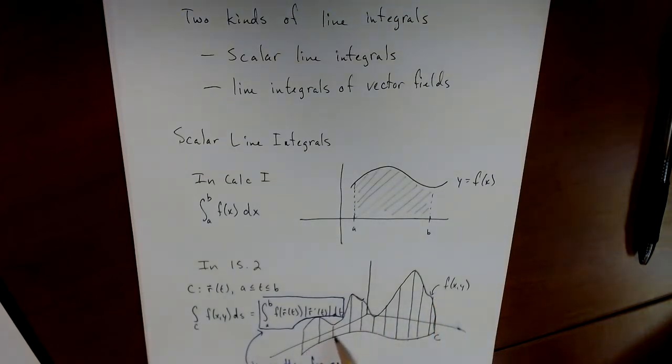So for each point x and y on this curve, there's a given height, and then we integrate that height over that curve. And one of the applications for this integral is that it would give us the area of this roller coaster looking structure.